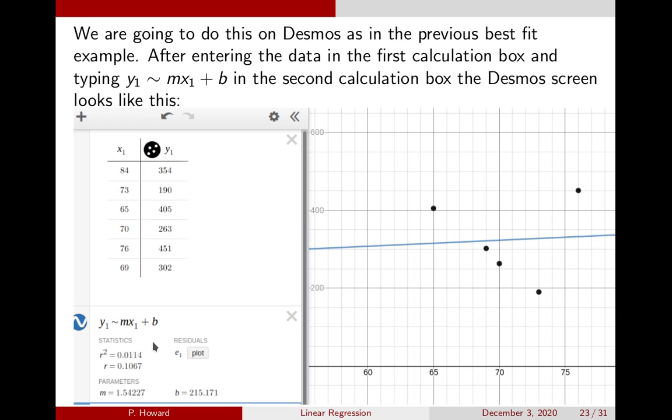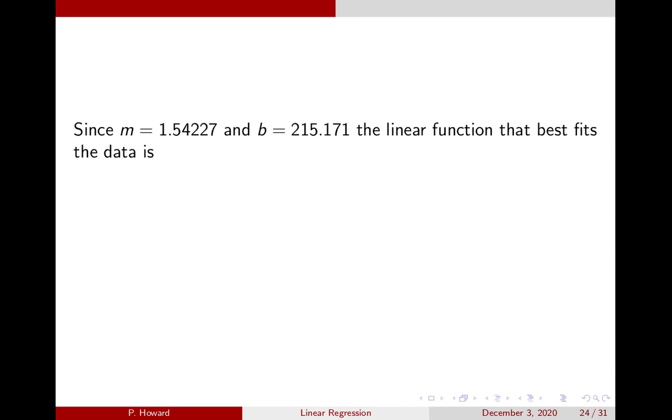And that is reflected in this value of r squared. The value of r squared, 0.0114, is pretty close to 0. The data can probably not be fit very well by a linear function. We're going to ignore that fact for the time being. So m was 1.54227, and b was 215.171.